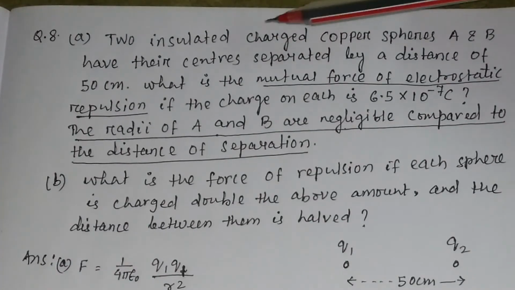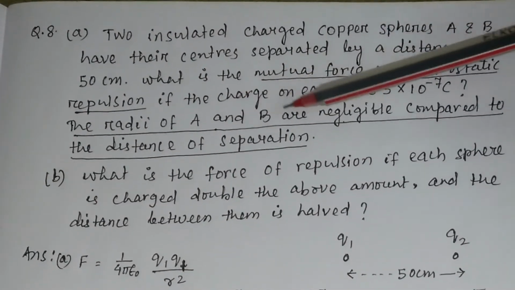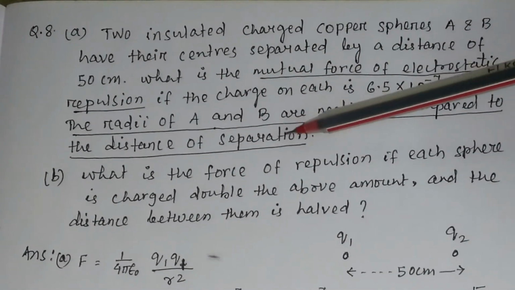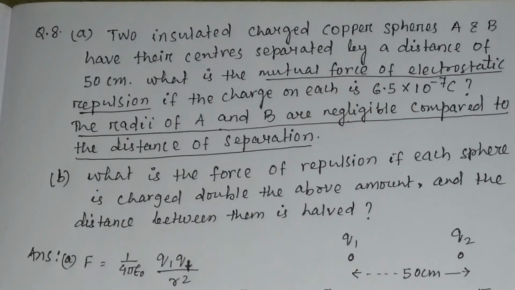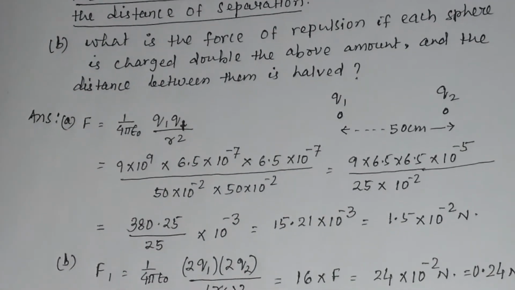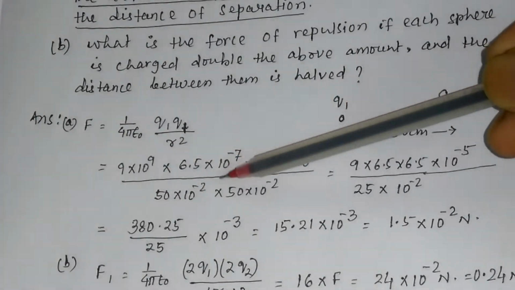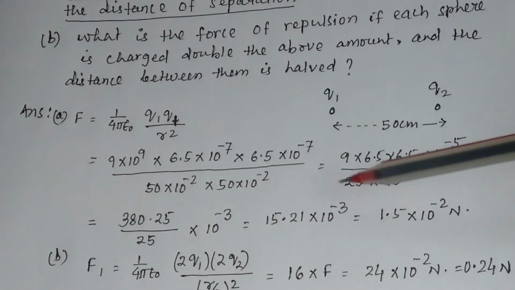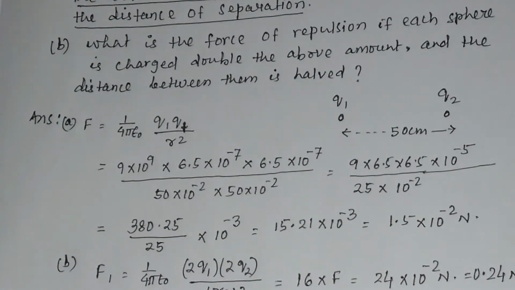So here two things are given, mutual force and the radii of A and B being negligible compared to the distance of separation. That means we can apply Coulomb's formula. Applying it, F equals 1 by 4 pi epsilon 0 Q1 Q2 by R square, and all values are given. You can calculate F equal to 1.5 into 10 to the power minus 2 Newton.